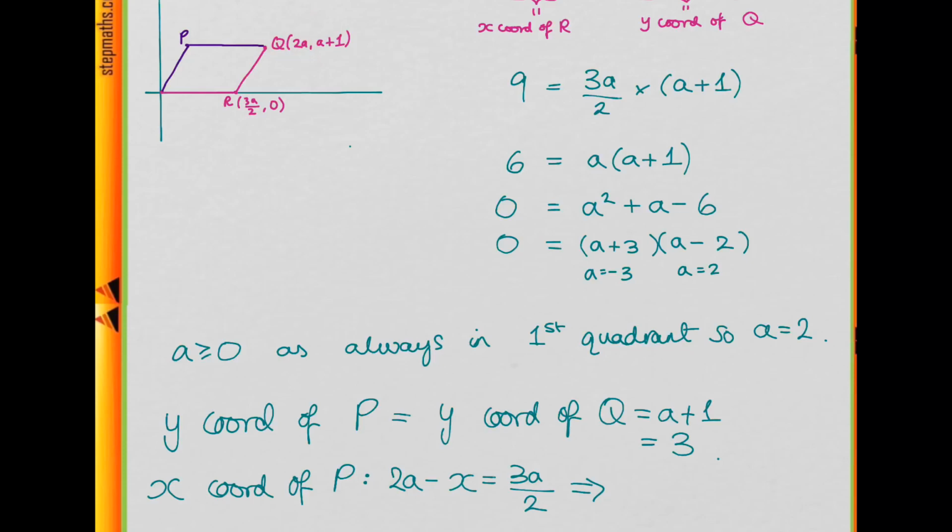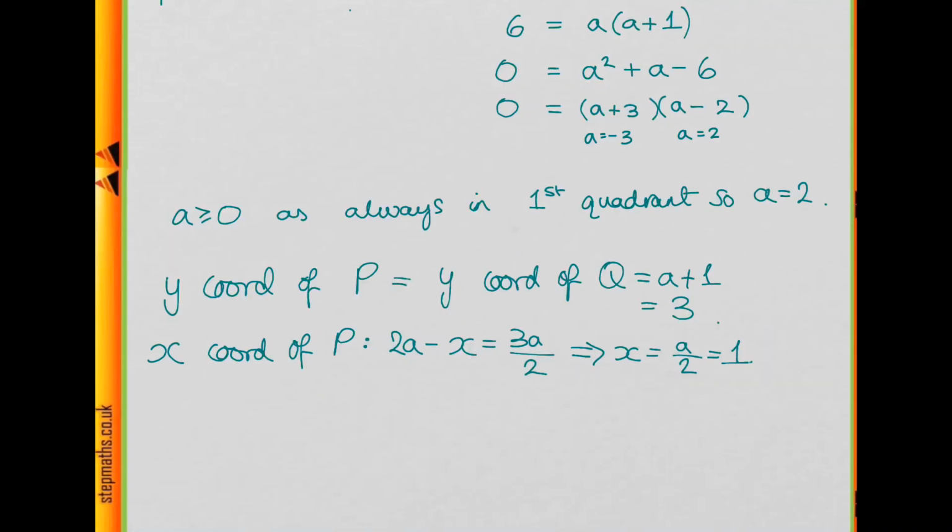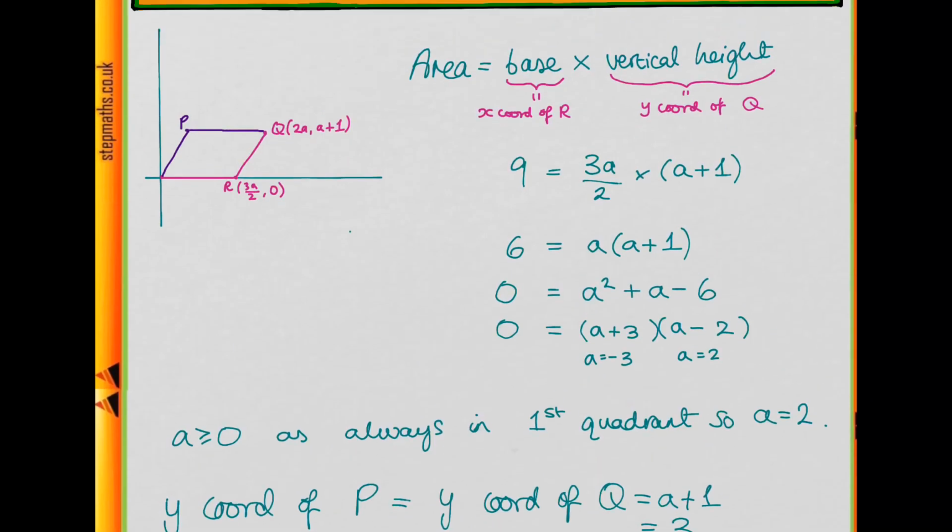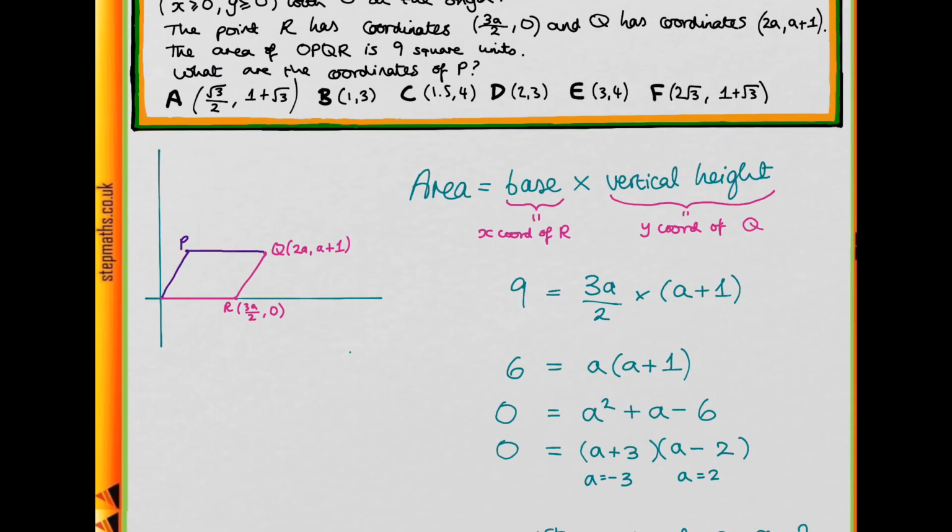Q is at 2a, so 2a minus the x coordinate of P must give us 3a over 2, as I've written out here, where x is the x coordinate of P. Rearranging for x gives that x is equal to a over 2, which is just 1. So the coordinates of P are (1, 3), and we can see straight away that the answer is B.